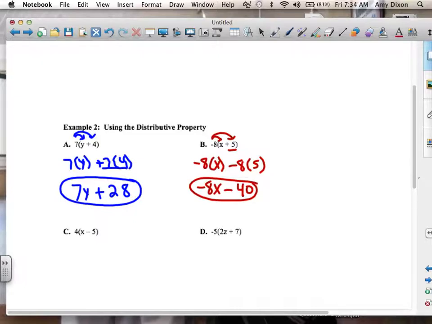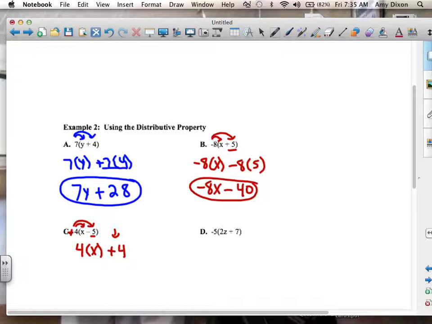All right, let's look at the next one. The next one, we have 4, and then parentheses x minus 5. So we're going to take the 4 and we're going to multiply it by each of those. So we have 4 times x, and then you need to be sure that you always put a sign right here. And if you look at the 4, because we're taking a positive 4 and multiplying it by the x and the negative 5, I want to put a positive 4. Remember, when it's not written, it's always assumed positive.